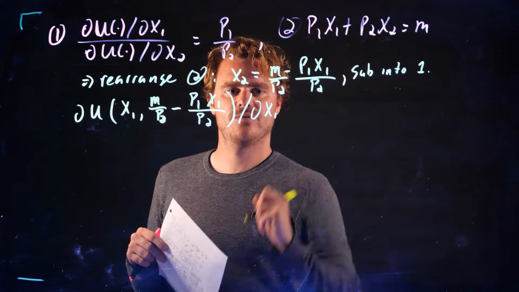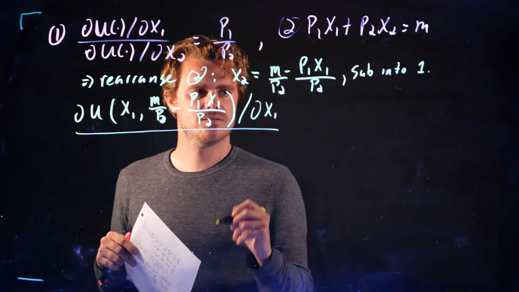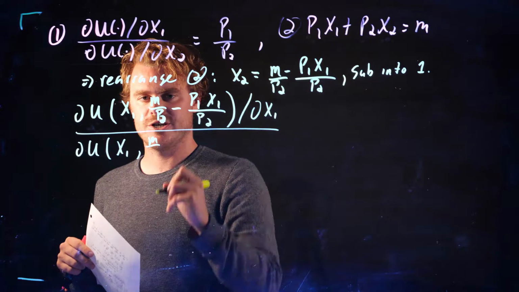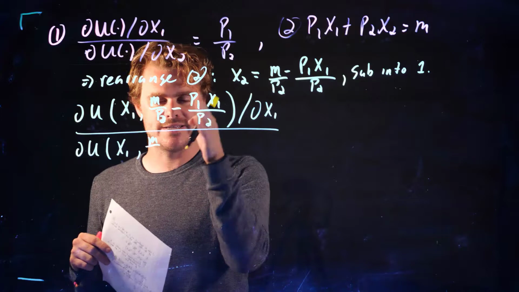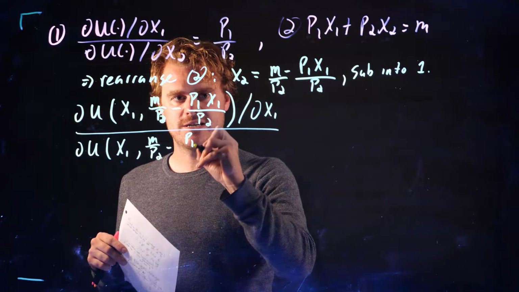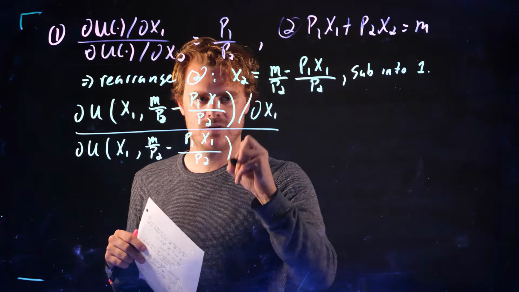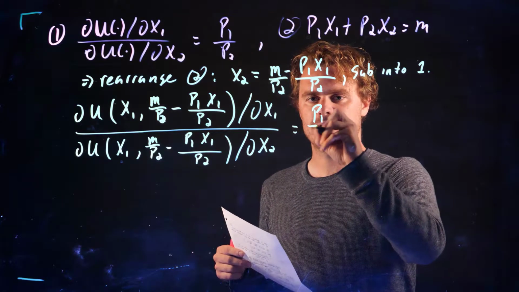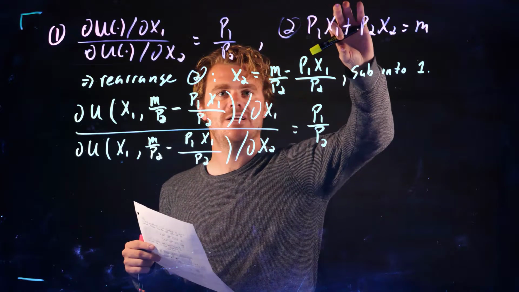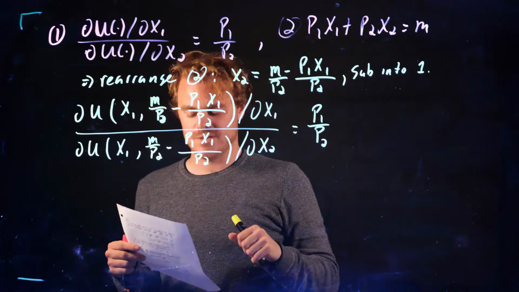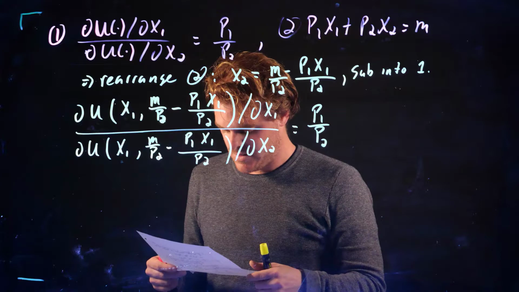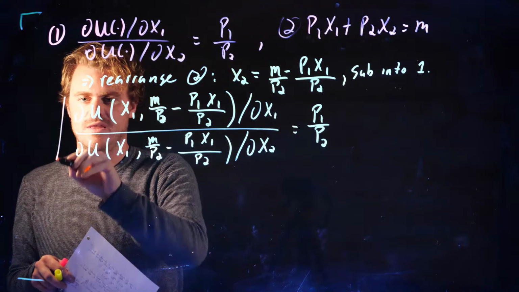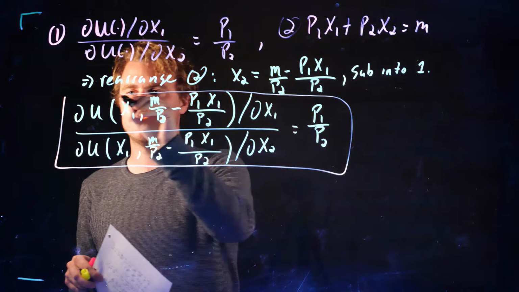Then the partial of that same utility function, with x2 written as a function of x1, with respect to x2, equals that price ratio. So we're rearranging this and sticking it into the first one. Then we have two equations and two unknowns, and we can solve this.